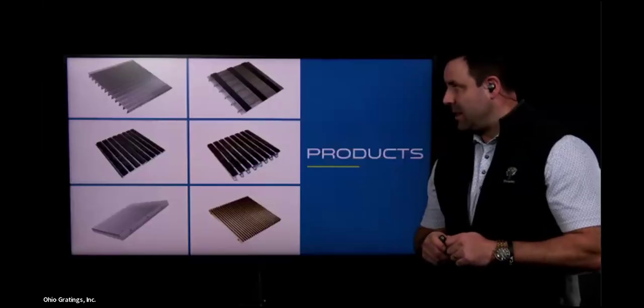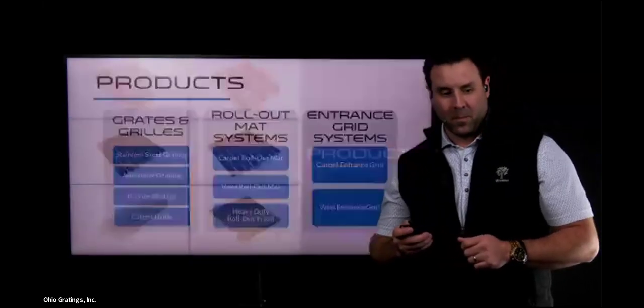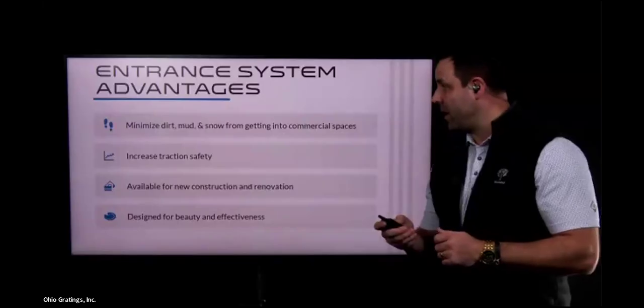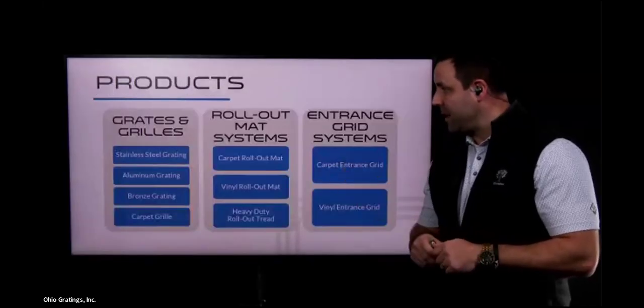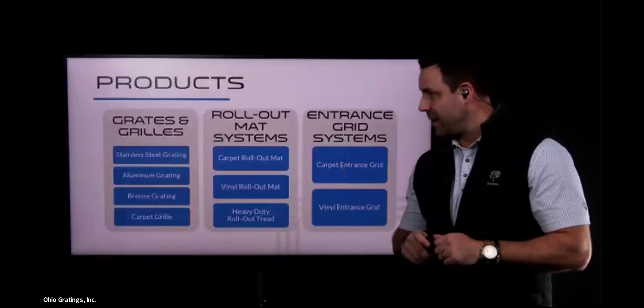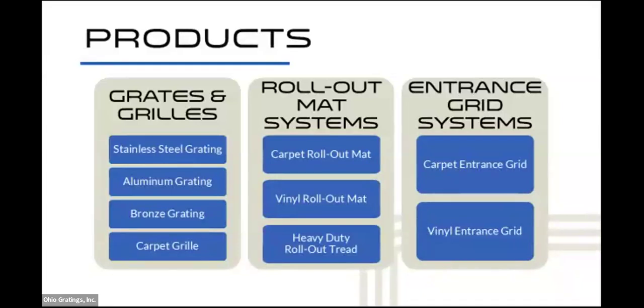So let's talk about some of the different products. We want to make sure that everybody's aware of these. So we have grates and grills. You've got stainless steel grating, aluminum grating, bronze grating, and carpet grills, which is kind of a hybrid product where you have the aesthetic of carpet inserts in a stainless steel system or aluminum system.